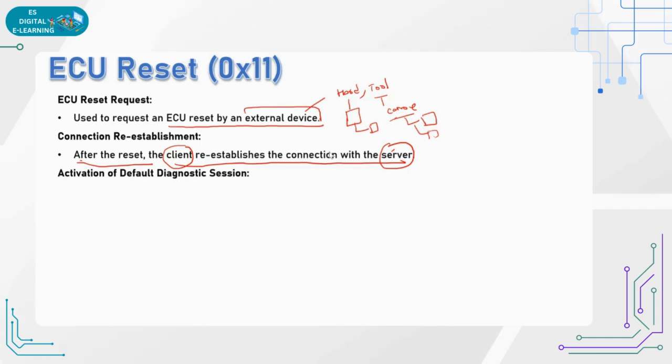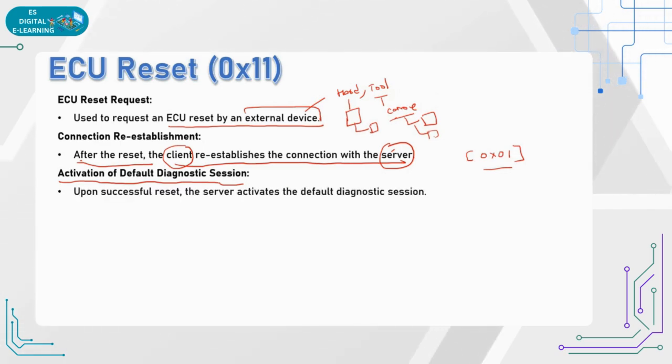So now, after doing the re-establishment, what will be happening? It will be activated. Activation of the default session means we know after power on, the ECU will stay in a default session, that is 0x01. Okay, activation of default diagnostic session.